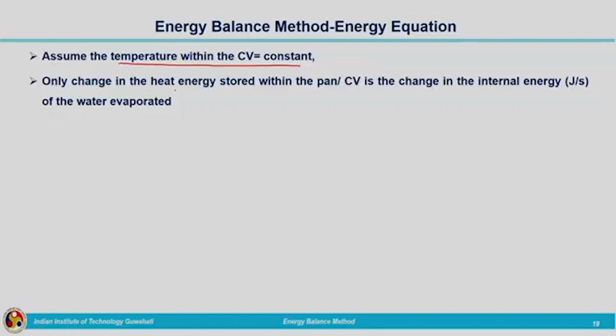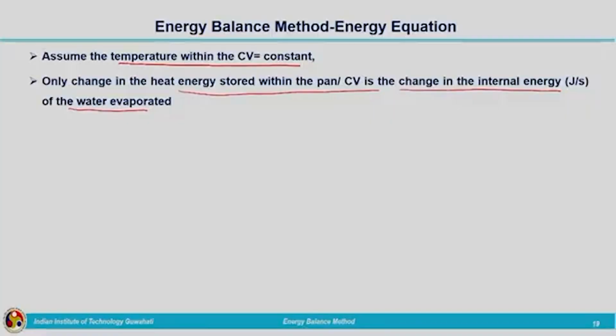So, change in the heat energy stored within the pan is the change in the internal energy of water. That is, there is a change in the internal energy of the water taking place. As a result of that, water is converted to water vapor. So, the net energy which is stored within the control volume is utilized for transforming water to vapor.